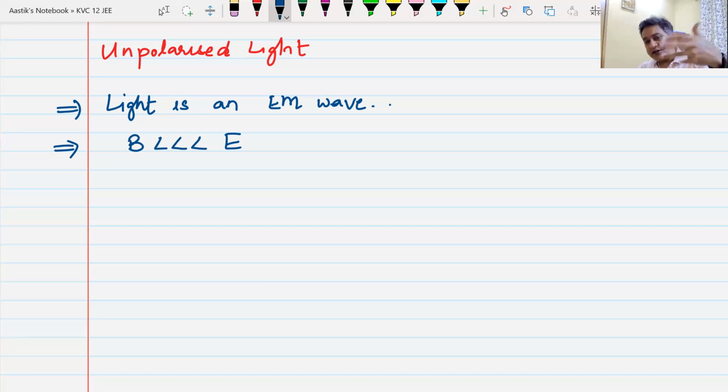It consists of both electric and magnetic field, but magnetic field is very small compared to electric field. So normally when we talk about polarized or unpolarized light, we're talking in terms of electric field. That is what you need to understand. So now, even though light is an electromagnetic wave, we are going to take it as a wave which has electric field only. Magnetic field we are just ignoring.